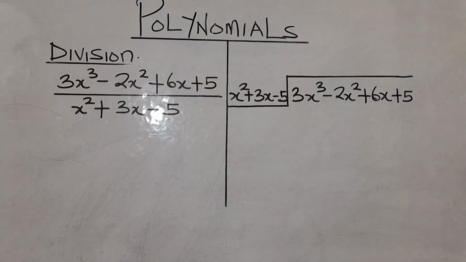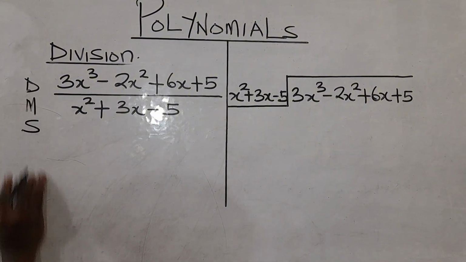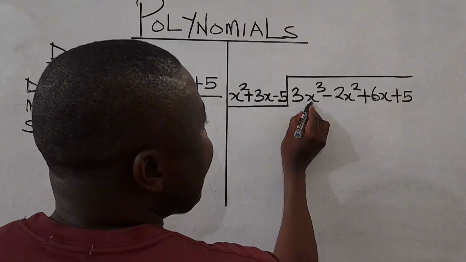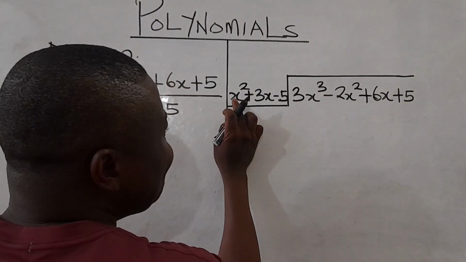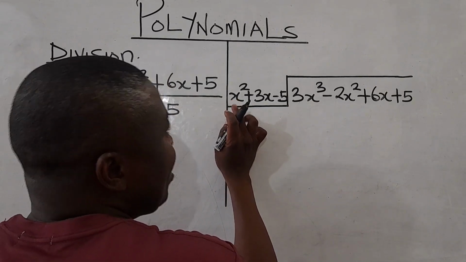Now I want to go with our rule, DMS. So divide, multiply, and subtract. First, 3x cubed divided by the highest power of x here, x squared. What do we have?